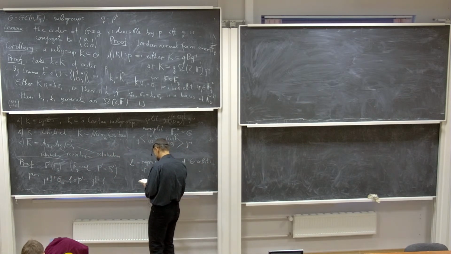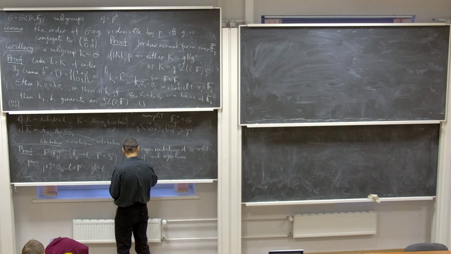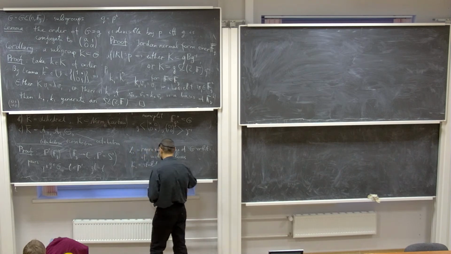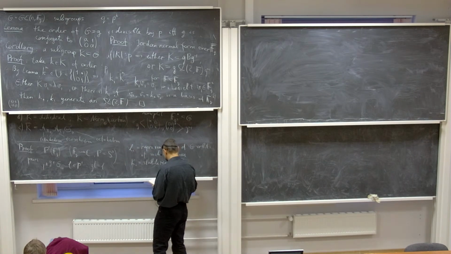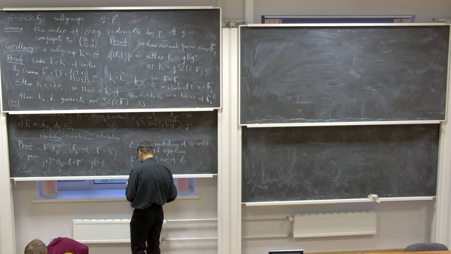Okay, so Ki is the stabilizer of Li. Hi is the order of this stabilizer.